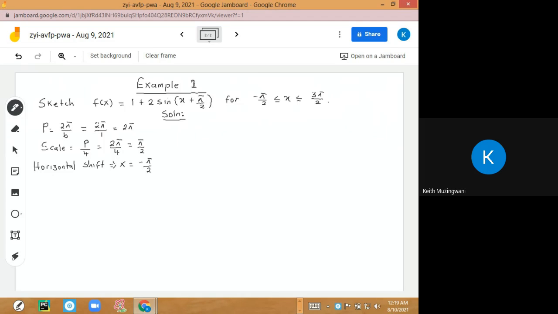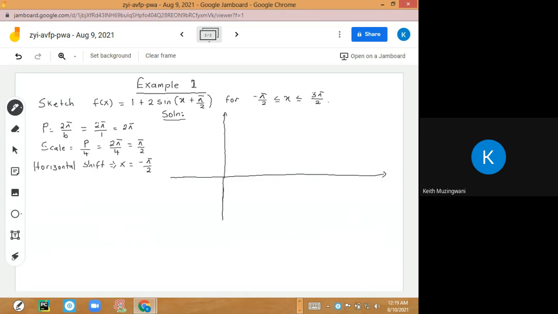Okay. So now, when you are given such a question and you obtain the period and the scale and the horizontal shift, you begin to sketch. But, sir, why aren't we finding the other things like the vertical shift and the amplitude?